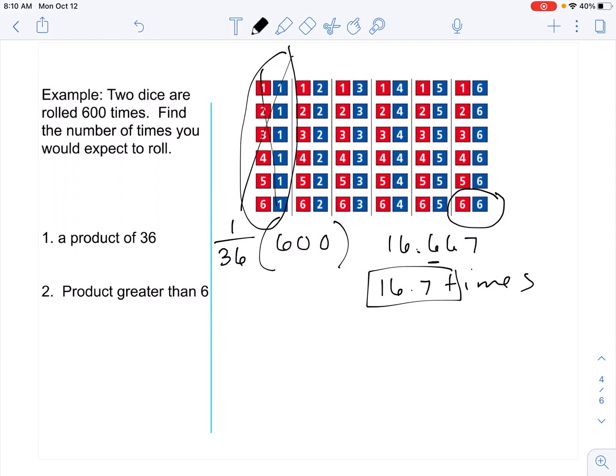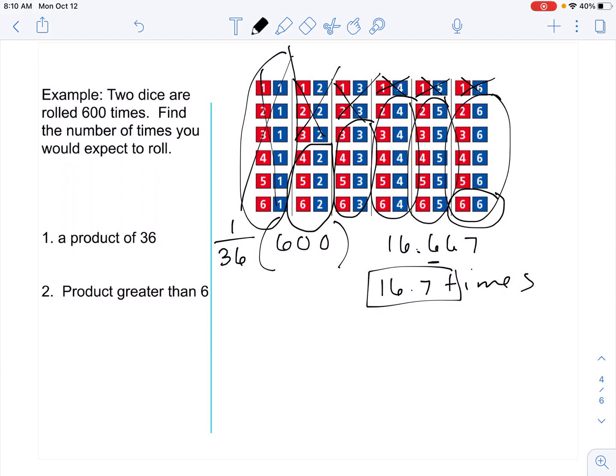Bigger than 6 would be from here down, not those. Bigger than 6, not those. Not that one, not that one, not that one. So we're going to count how many times out of 36 that this happens.